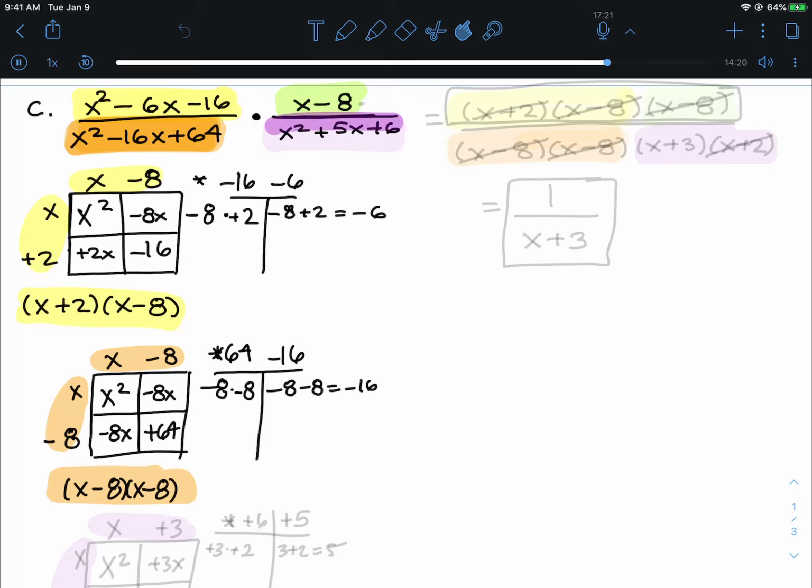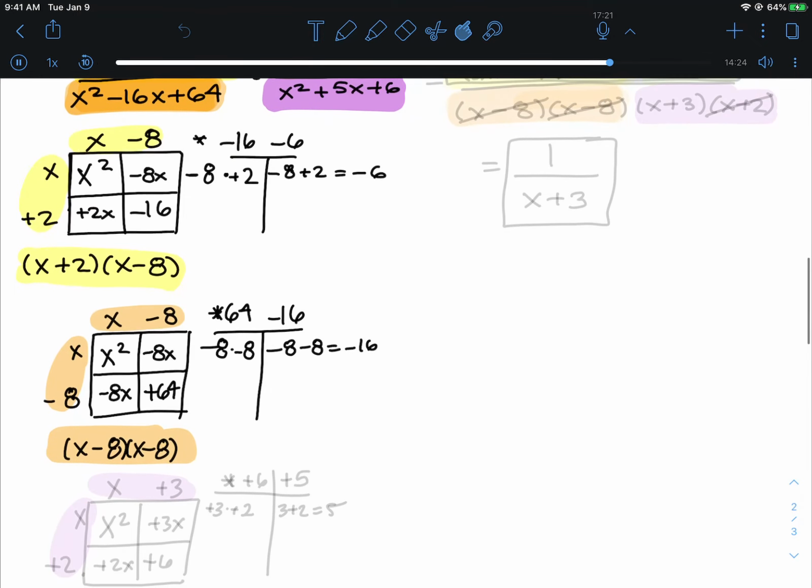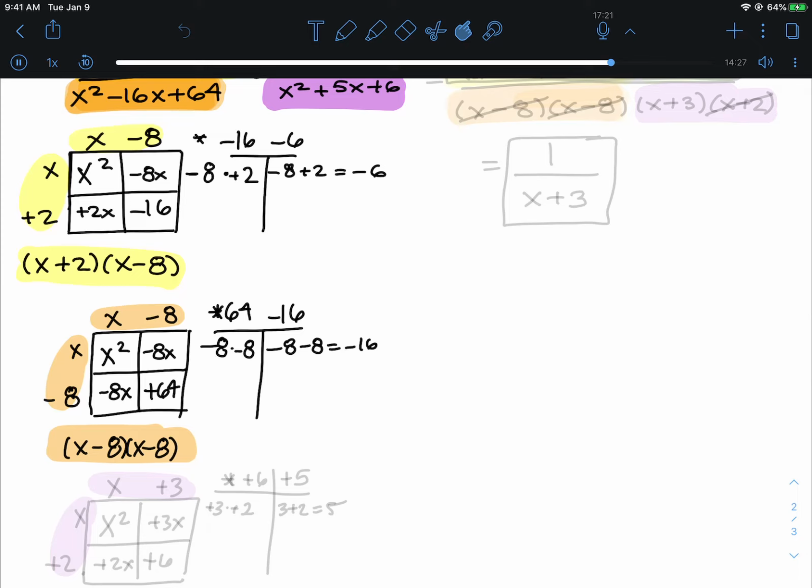Okay, we have one more, and it's this denominator right here. So I'm running out of space, so I'll do this one right here. So I'm gonna have x squared and it has to equal a positive 6. So something that multiplies to a positive 6, but then needs to add to a positive 5. So I'm going to do 3 times 2, because 3 times 2 is 6.